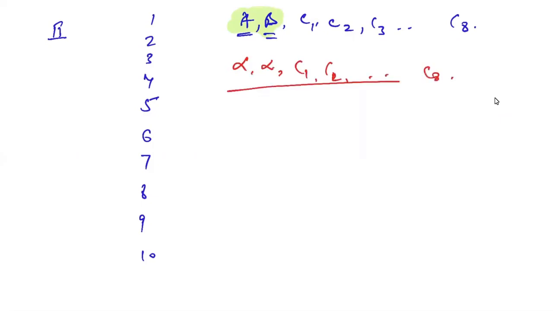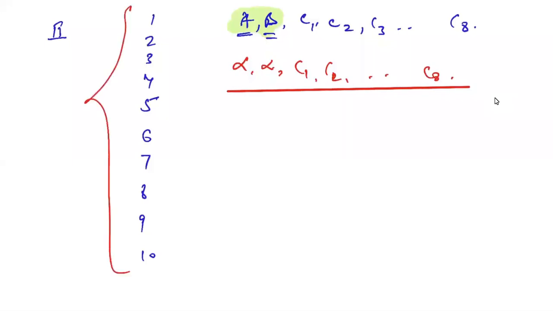So arranging these 10 people in these 10 positions will be factorial 10 by factorial 2. The factorial 2 is because both alphas are identical.